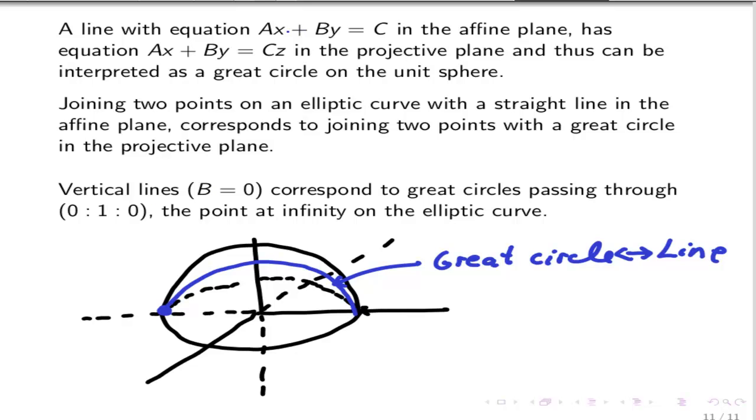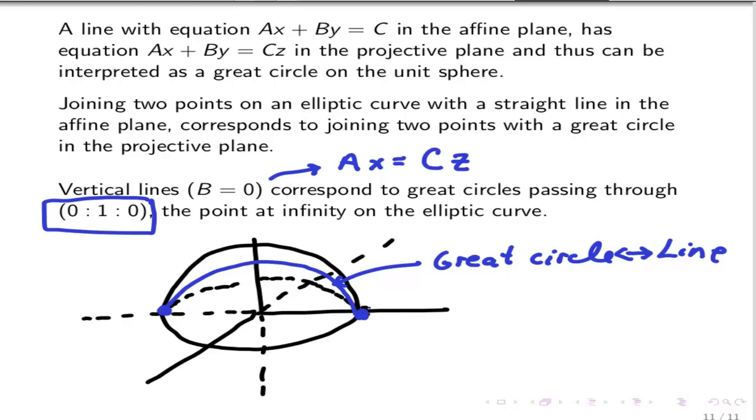So a vertical line is just an equation of the form ax equals c. X is a constant. So b is equal to 0, and so your equation is just ax equals cz. And one point in particular that will always satisfy an equation of this type is when both z and x are 0. So any vertical line will pass through this point 0, 1, 0.